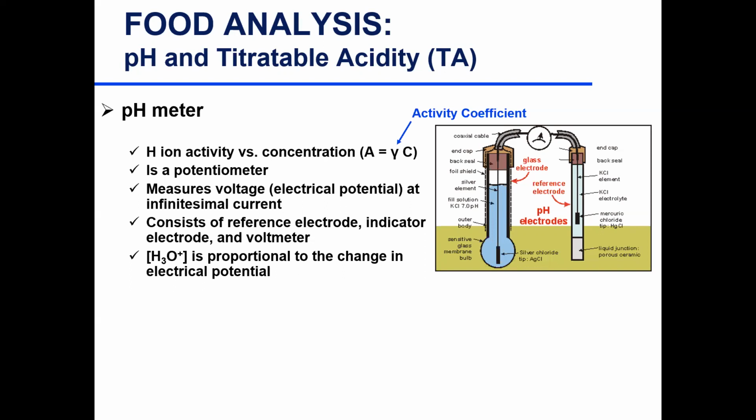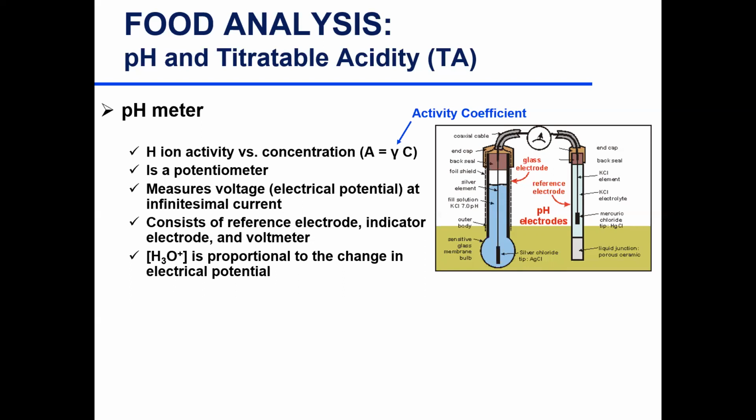So the pH is directly related to the concentration of the free hydrogen ions, or hydronium ion. And the way it works, it's a potentiometer. So it is basically measuring a voltage or electrical potential at a very, very small current.